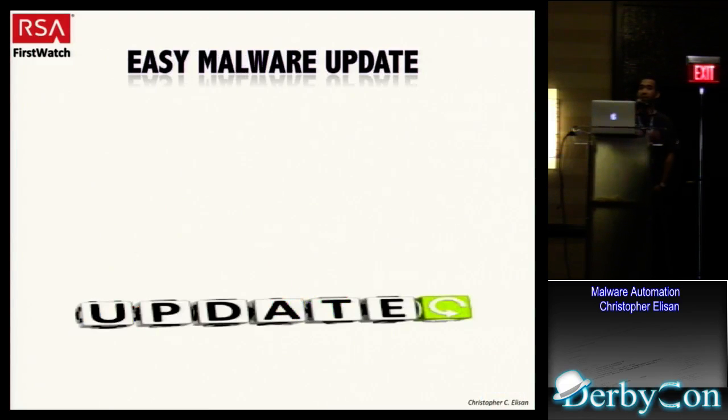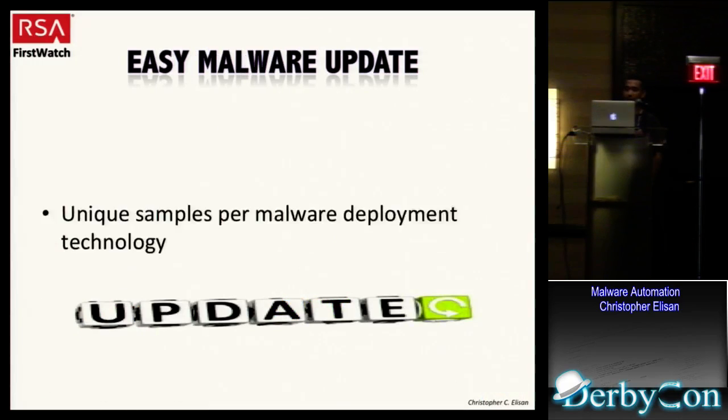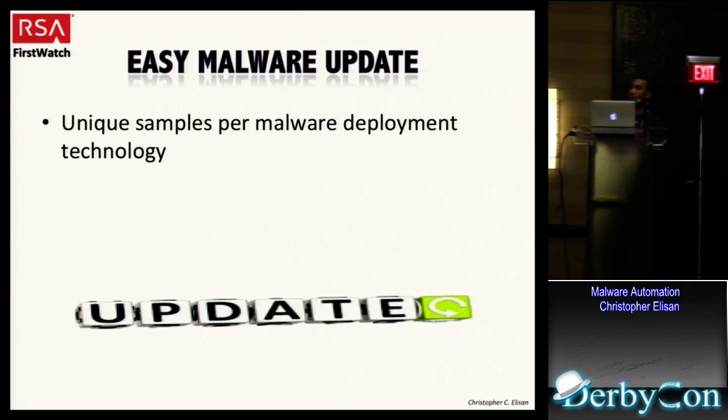Now, easy malware update. Once you have lots of malware samples at your disposal, it's very easy to update your malware. One example is unique samples per malware deployment technology. So what's a malware deployment technology? It's the thing used by attackers to have their creation reach a target.